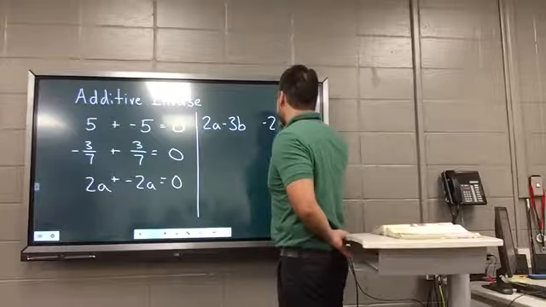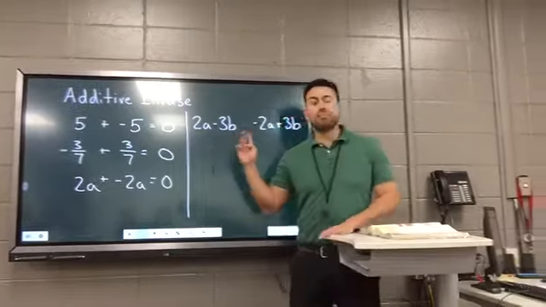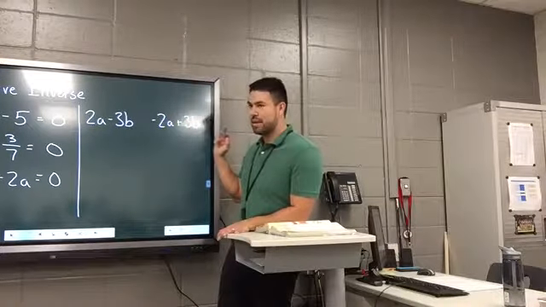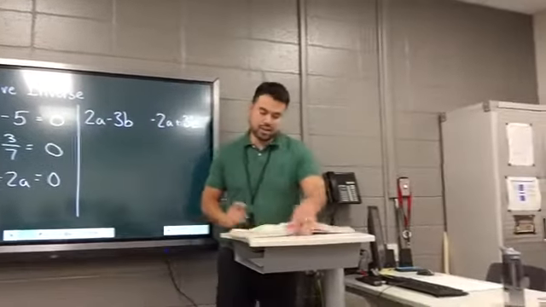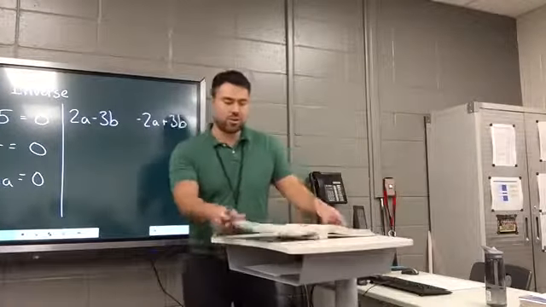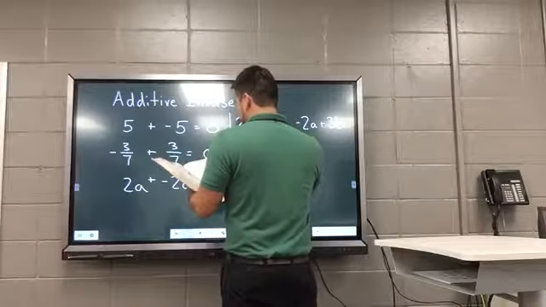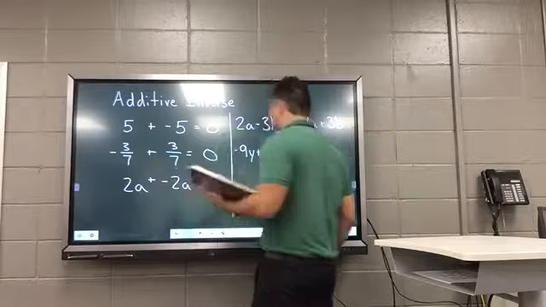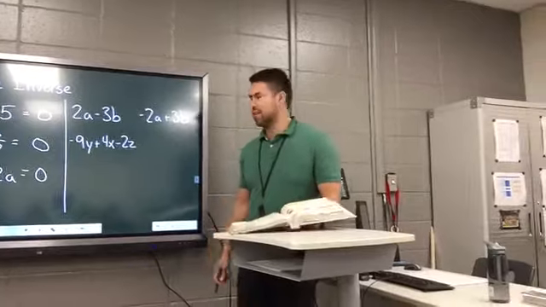Negative 2a plus 3b. What's 2a minus 3b plus negative 2a plus 3b? So this is the additive inverse of that. Okay. You guys are doing too well here. Try this one out. Negative 9y plus 4x minus 2z. What's the additive inverse of that? Harper, what do you think?